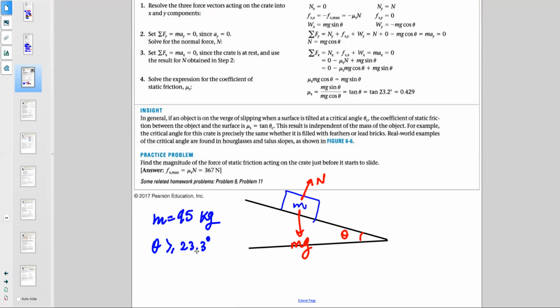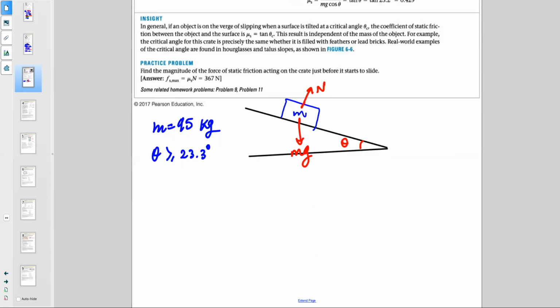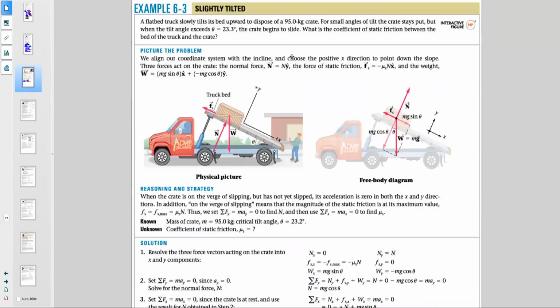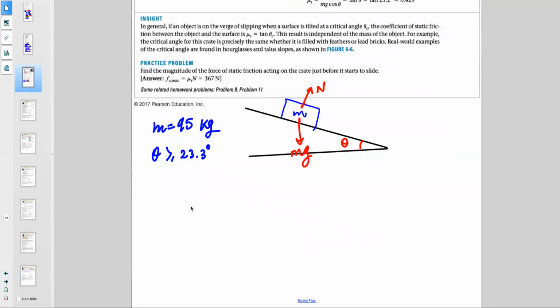Minimum requirement is 23.3. We're looking for the coefficient of static friction between the bed and the box. So we're looking for mu s. That's what we're looking for. That's why it's important to write down things like that.